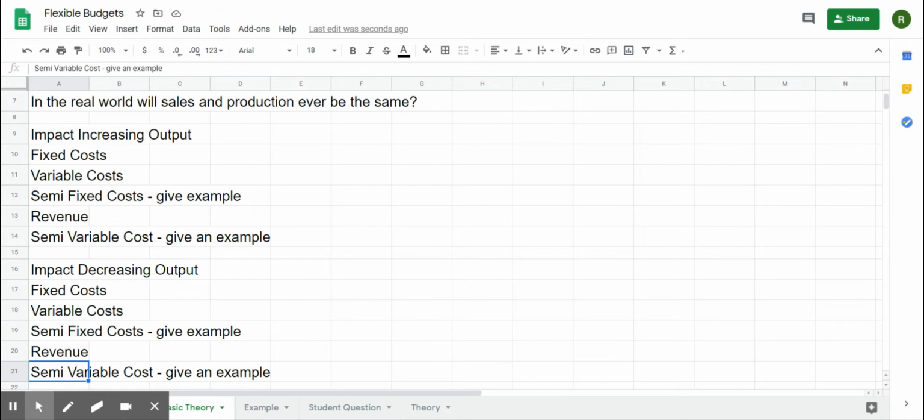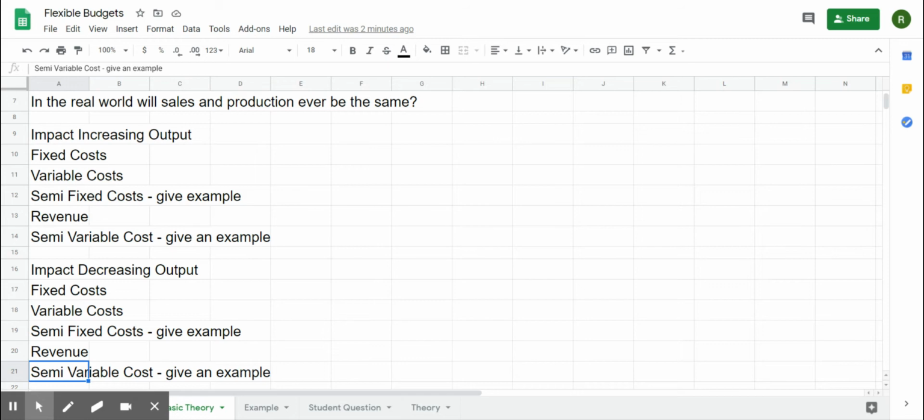They don't tend to come up very often, I've never seen them come up in one of these types of questions. But it would be conceivable that you reach a level of output that exceeds the maximum capacity of a factory, in which case you may need to include an extra factory's rent in the fixed costs, but unlikely.